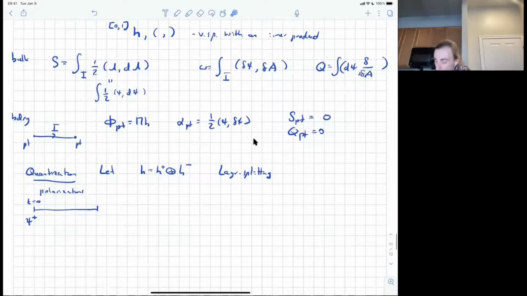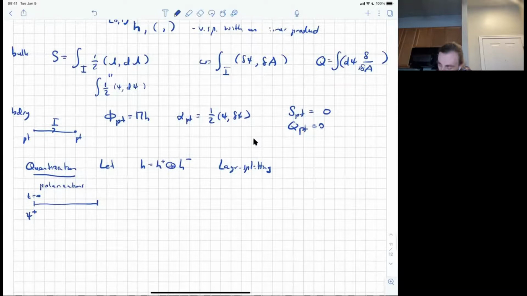So my boundary phase spaces are parameterized by psi, and I'm saying that my polarization in the boundary would be to fix the value of psi plus. So there's a Lagrangian hanging over it, given by different possible values of psi minus. So I'm fixing psi plus at the inside and also psi plus at the outside. I could have chosen it differently.